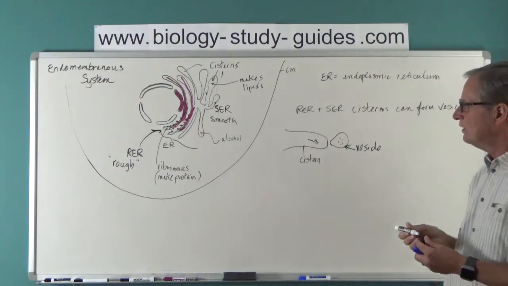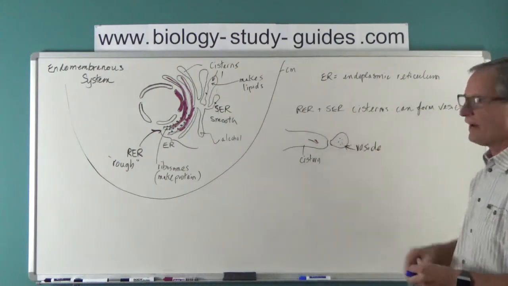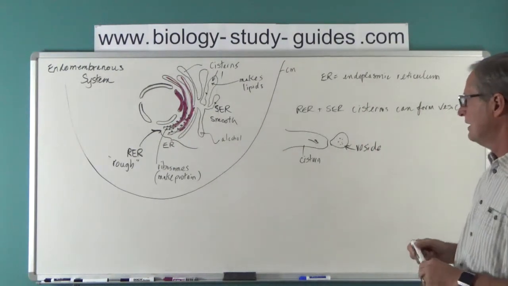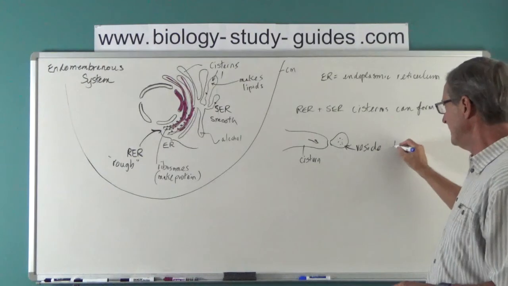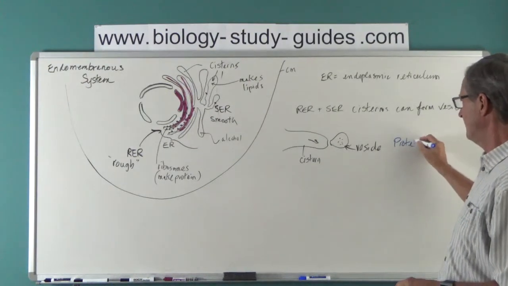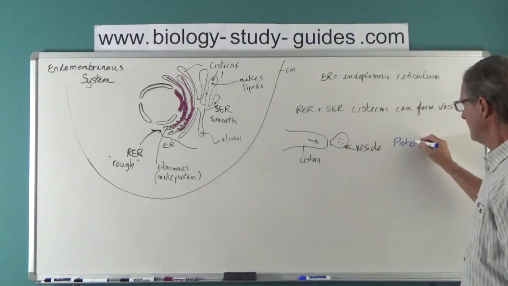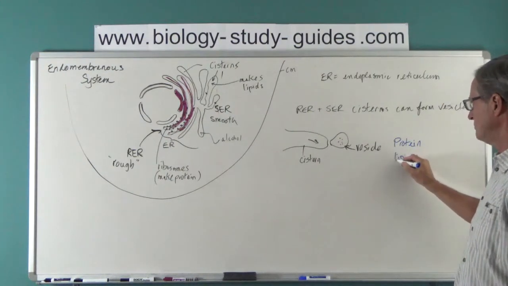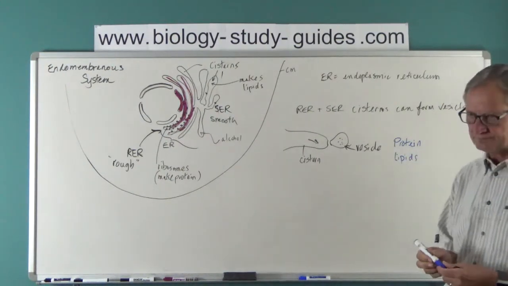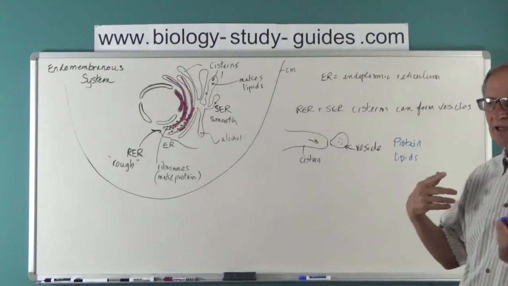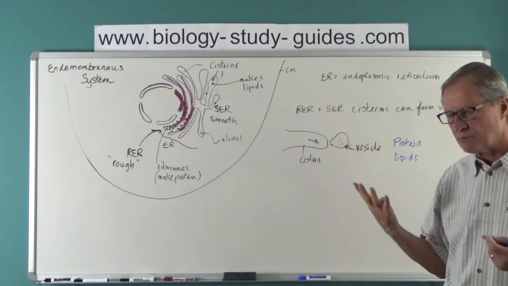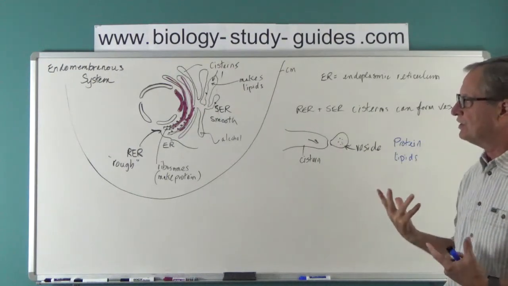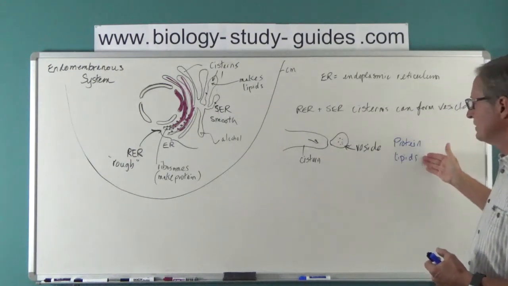Now, depending on whether we're talking about RER or SER, the vesicle could have different contents. It could have protein in it, obviously, if it's RER we're talking about, or it could have lipids in it if it was smooth ER. Just quickly flip back in your mind to the four major biochemical types in cells and tissues. We have proteins and lipids.